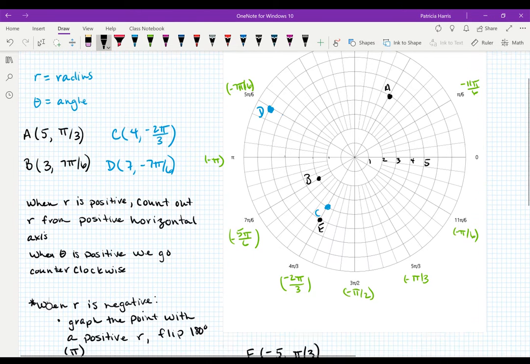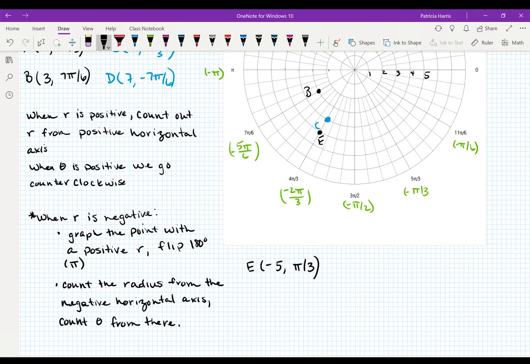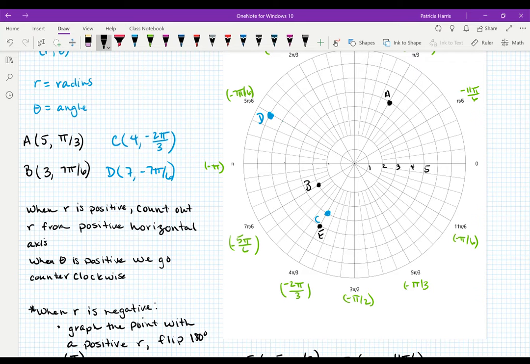Let's try another one. Let's try point F: negative 2, 11 pi over 6. So go 2, and then 11 pi over 6, and then flip it across the line.